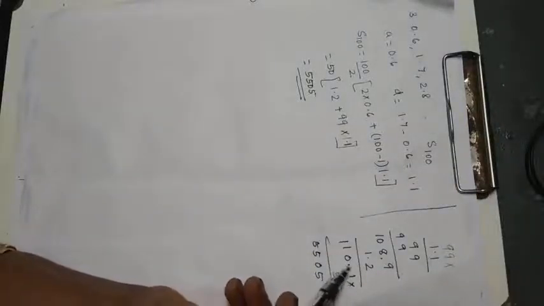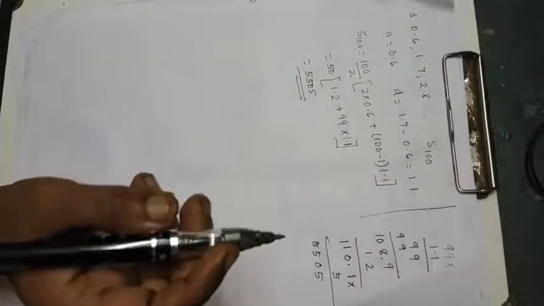That 50, I multiply this with 5 because the point one can be removed from that one. So 5,505 you will get. Okay.